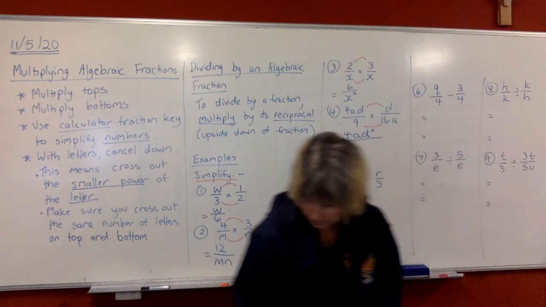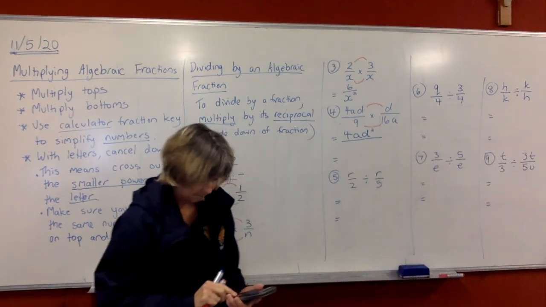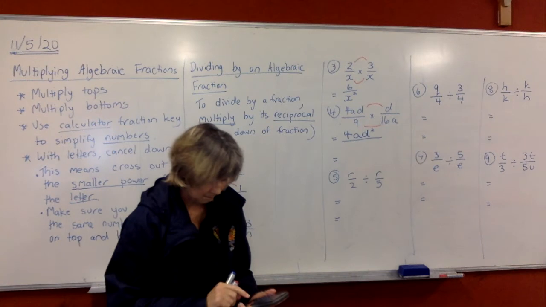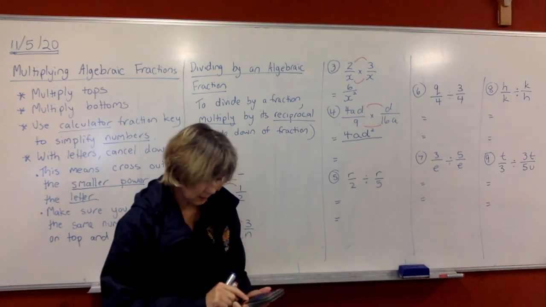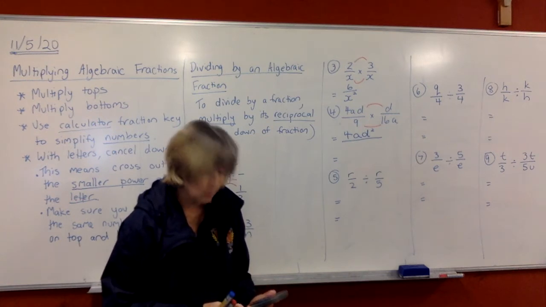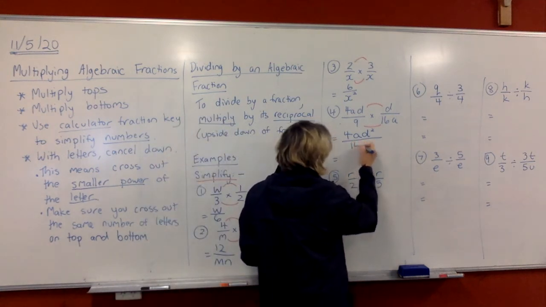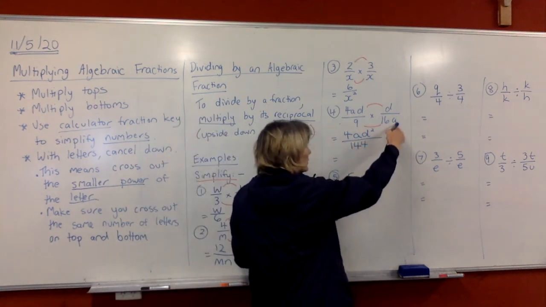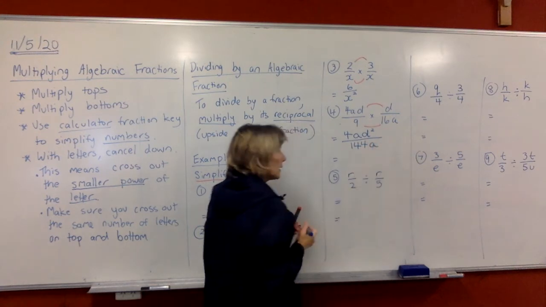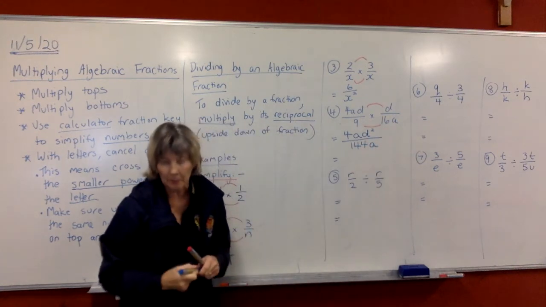9 times 16 on your calculator equals 144. And don't forget to write the A down. Alright, now this is one where you do need to simplify it.